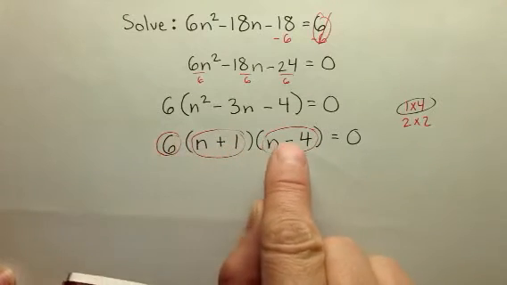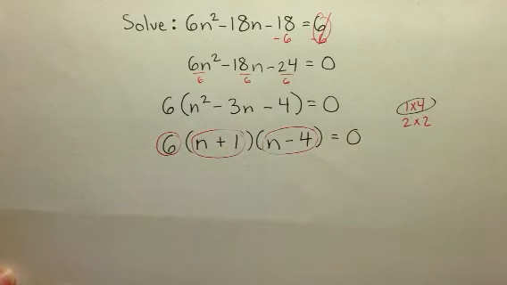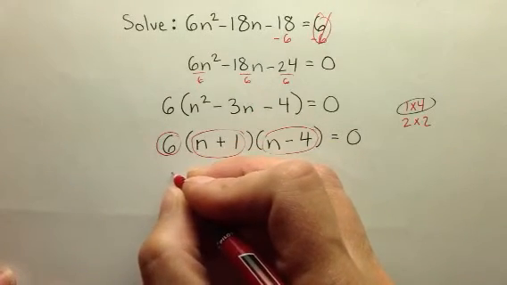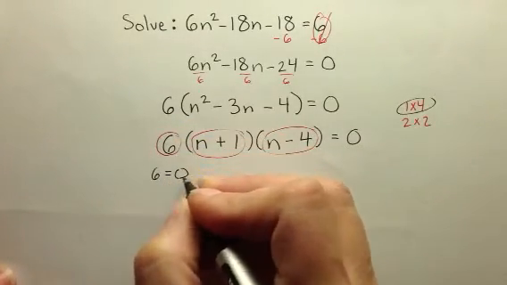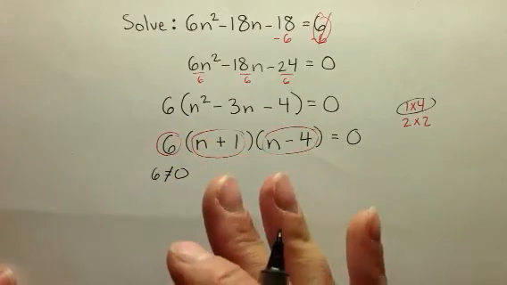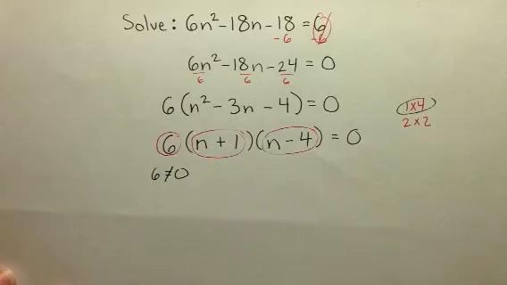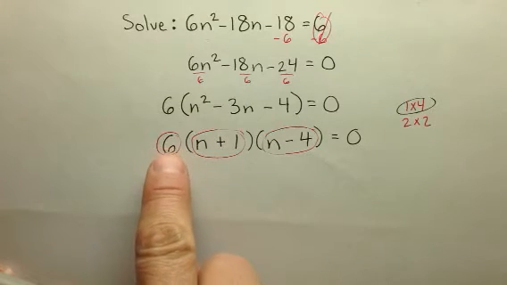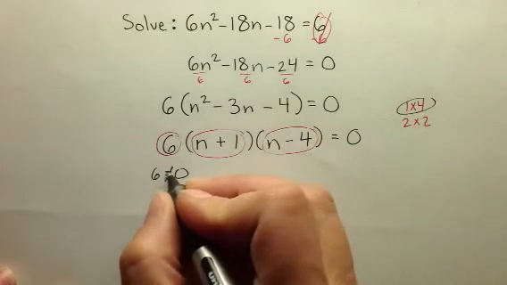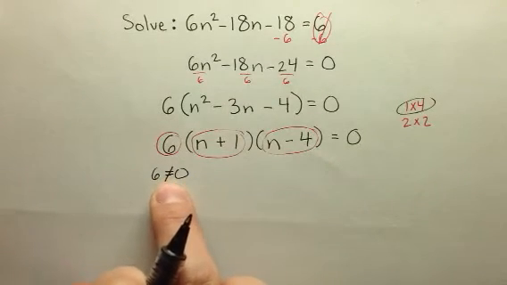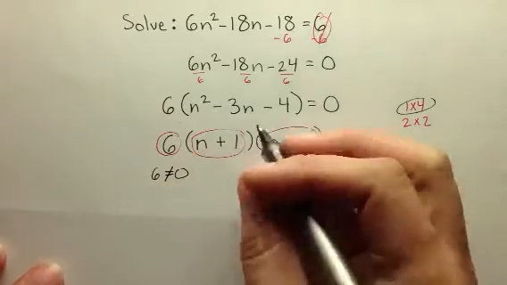If you're multiplying these 3 to get 0, one of them must be 0. So what you're going to do is set all these equal to 0. 6 cannot be 0, so that can't be the one that's 0, but we do have to consider it, because if there was, for example, 6x, then you would set it equal to 0. So in this case, our factor 6 was not the one that was 0.